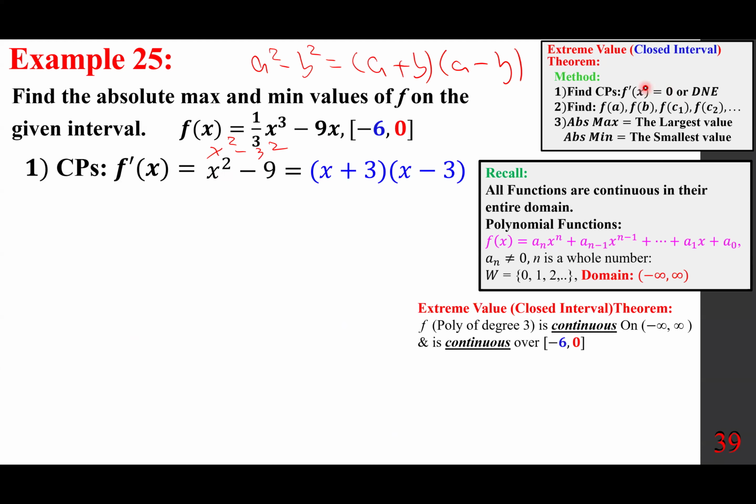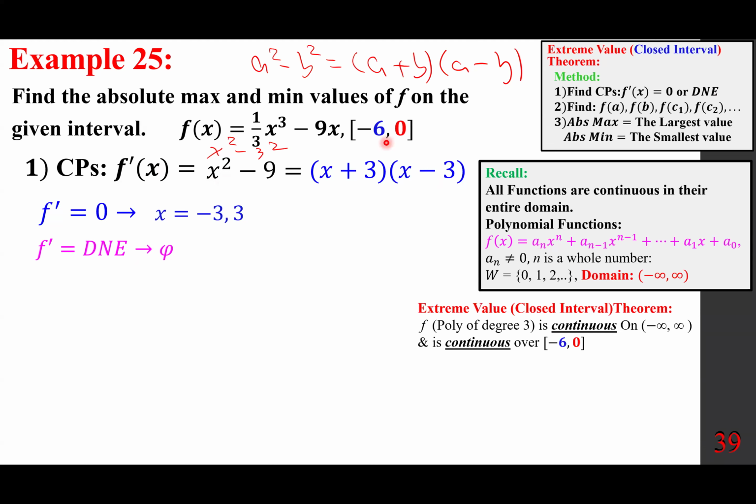If I set this equal to 0, I get -3 and +3. F prime does not exist gives us no answer, the empty set, because f prime itself is a polynomial of degree 2.